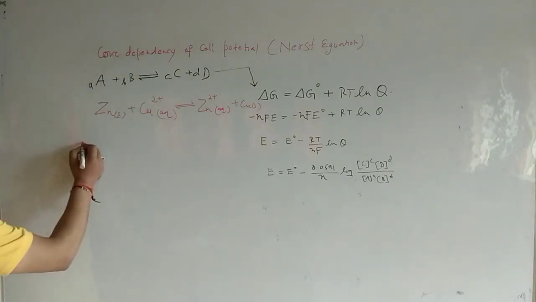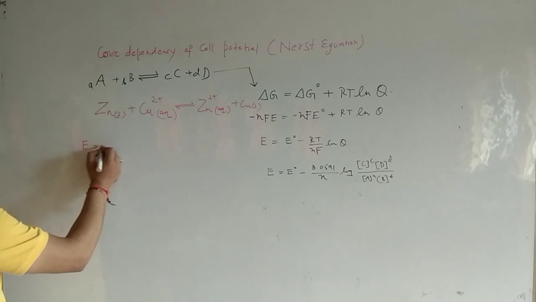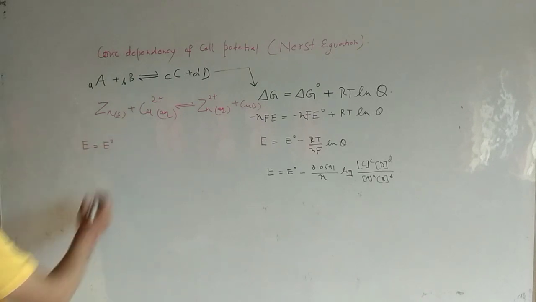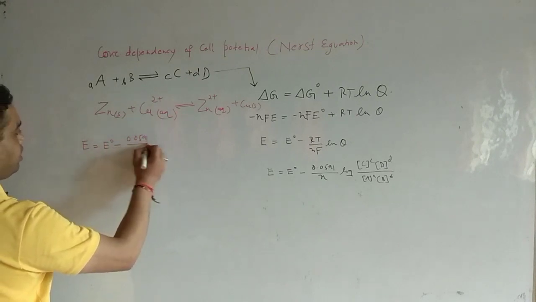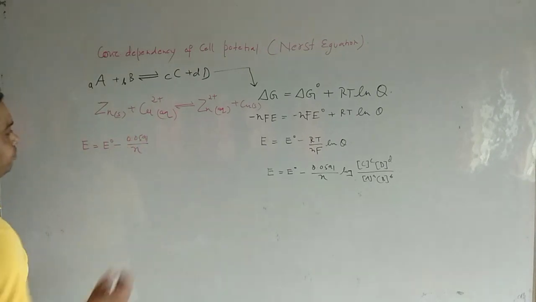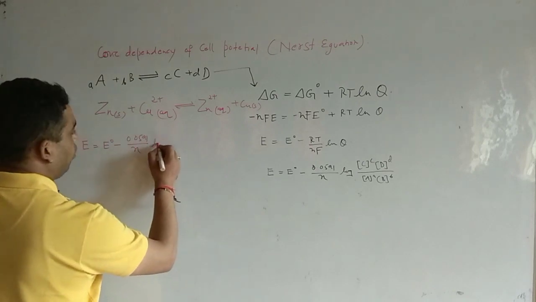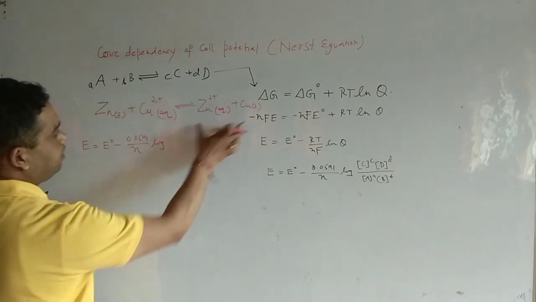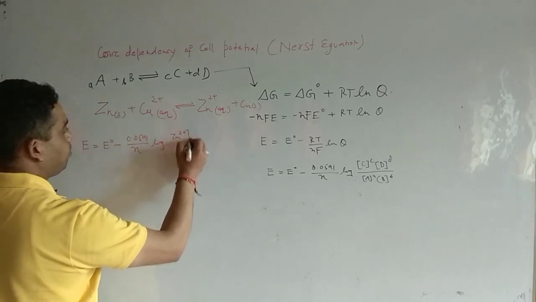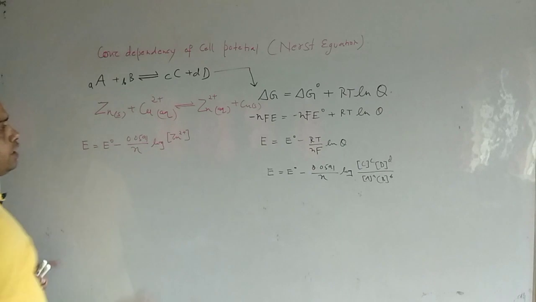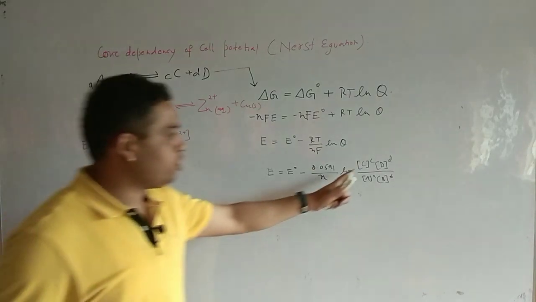Now it's very easy. E equals E standard negative 0.0591 divided by N log of the concentration of Zn2 positive ion, because nothing is there in the stoichiometric coefficient, so no need to write the power.